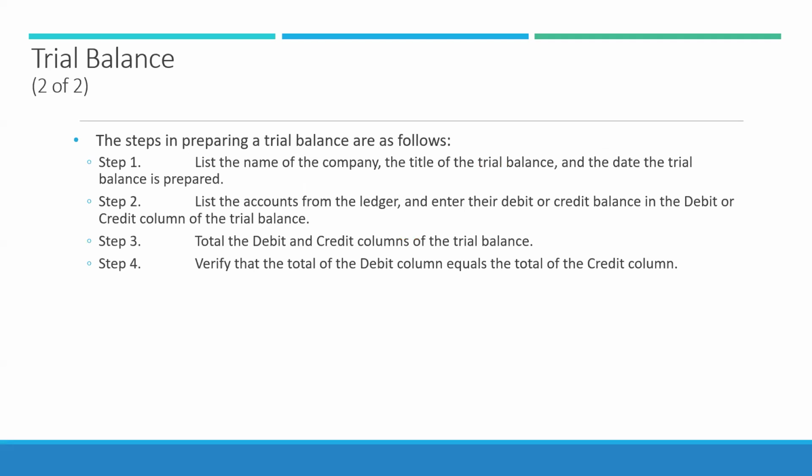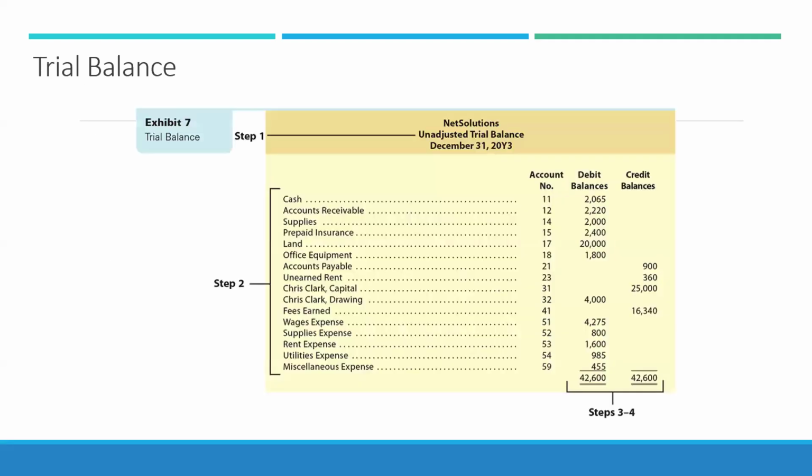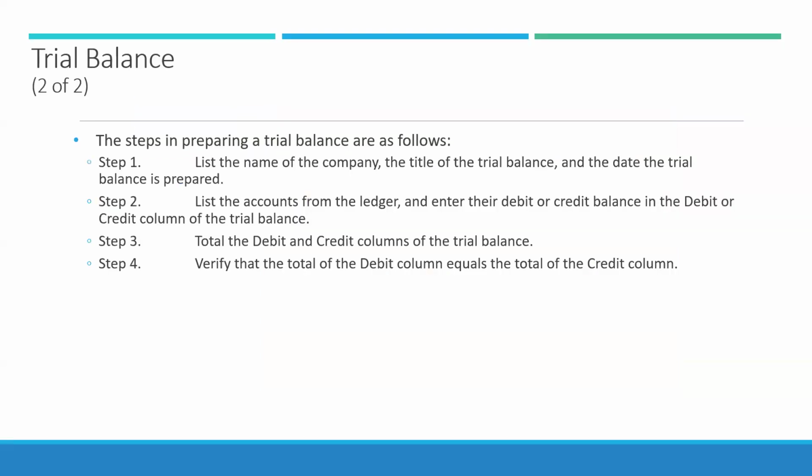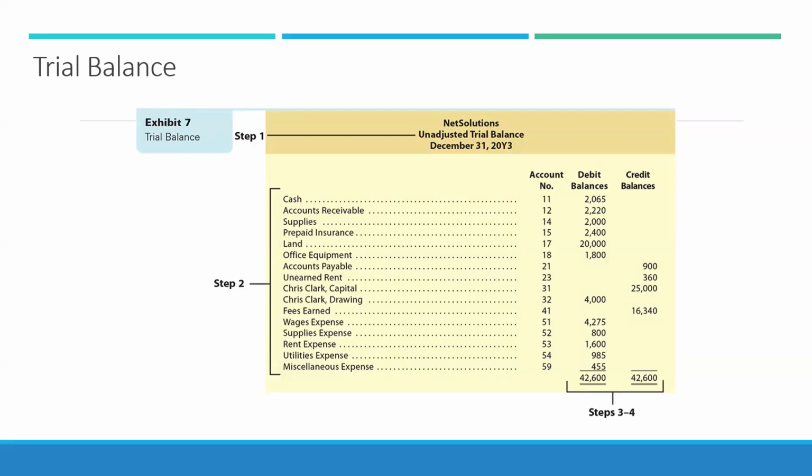So the name of the company and the date of the trial balance are at the top, and then the total debit and credit balances are the same, and each account is listed out. And then you can verify that the total debits and credits are the same and that the accounts all add up.